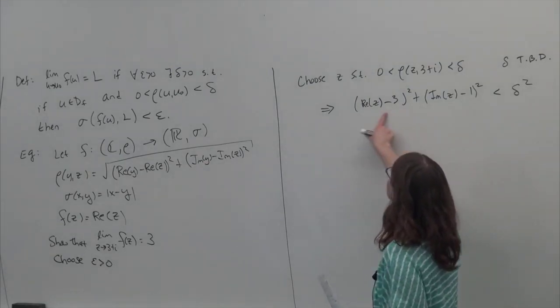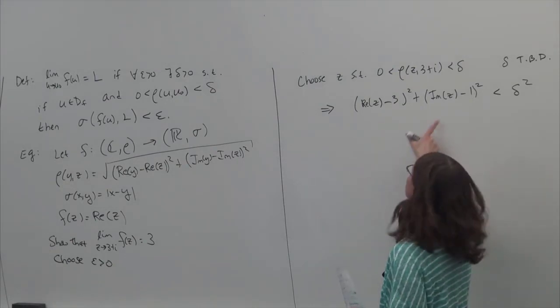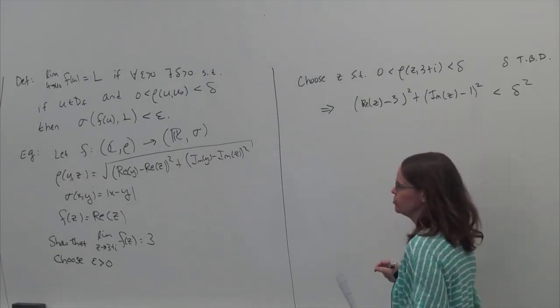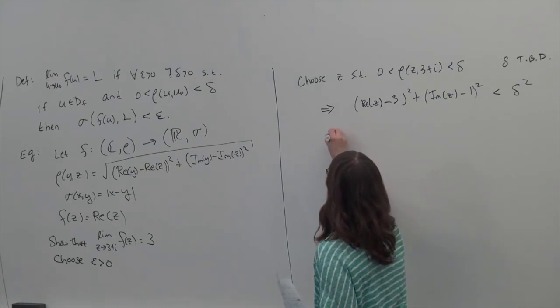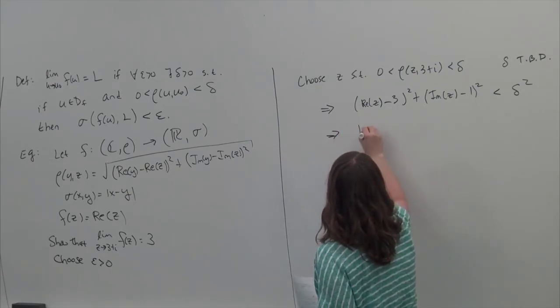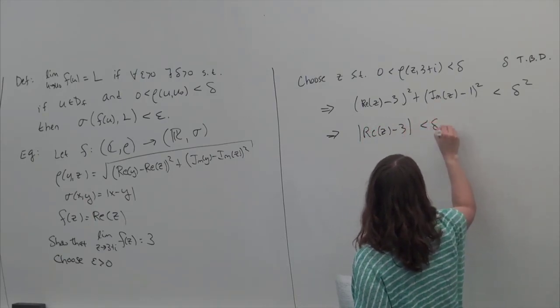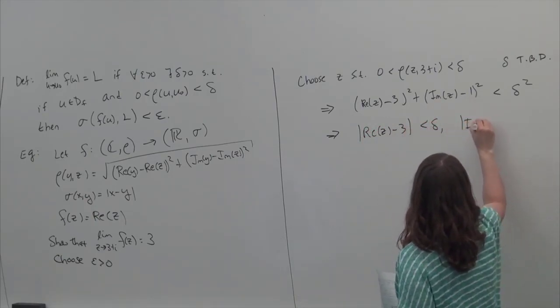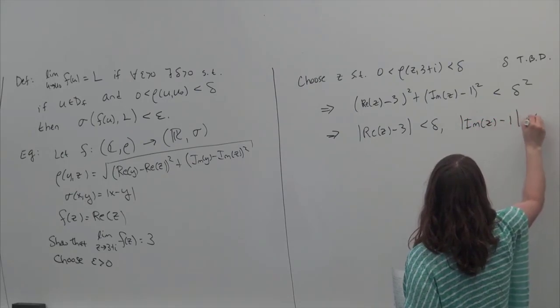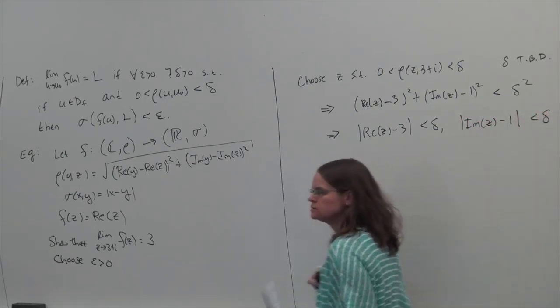And that means, in particular, this part is certainly less than delta squared, and this part is certainly less than delta squared. So the real part of z minus 3 is at most delta, and the imaginary part of z minus 1 is at most delta.